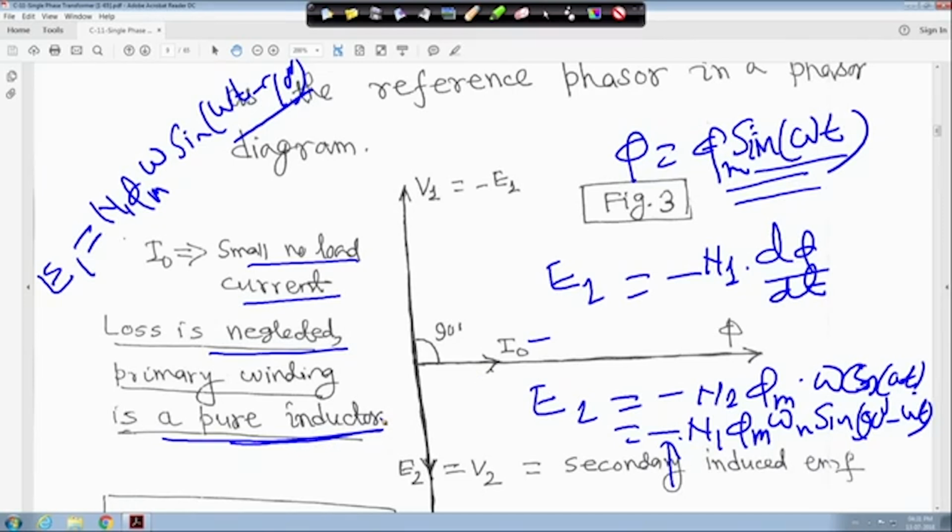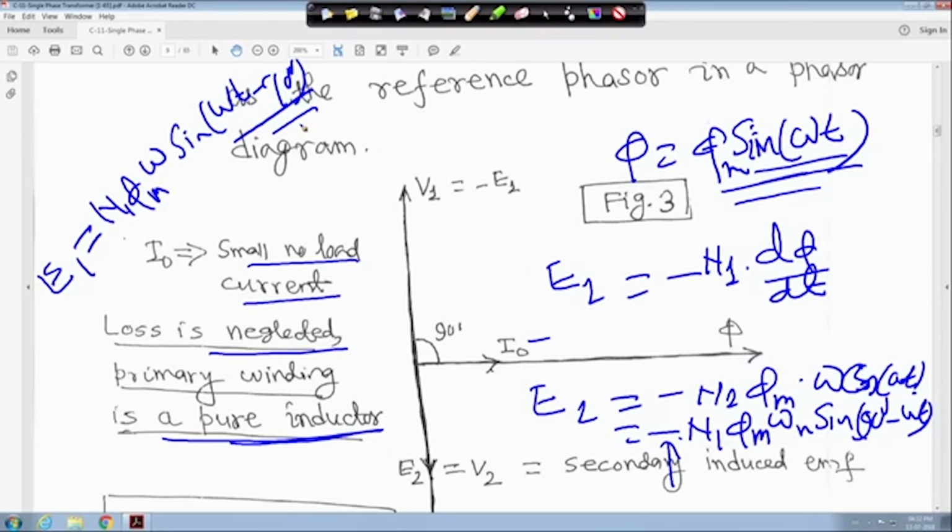And if you take the magnetizing reactance, Xm, then you will see that I0 is purely, if loss is neglected, in phase with phi and lagging V1 by 90 degree. So U1 comes as omega t minus 90 degree, that means phi is equal to phi m sin omega t, and here it is sin omega t minus 90 degree.